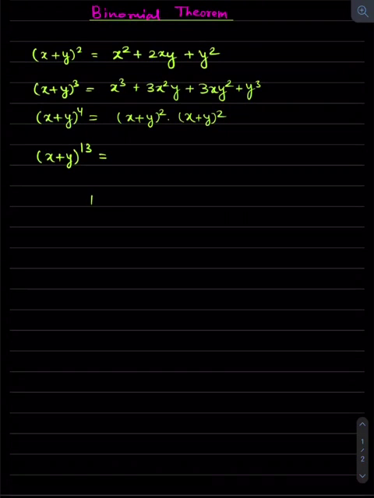So binomial means bi means 2, and nomial represents terms. So any algebraic expression with two terms can be binomial. Okay, and the rule of expansion of exponent of any binomial is called binomial theorem.